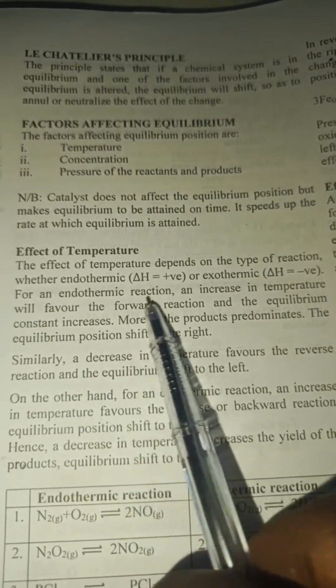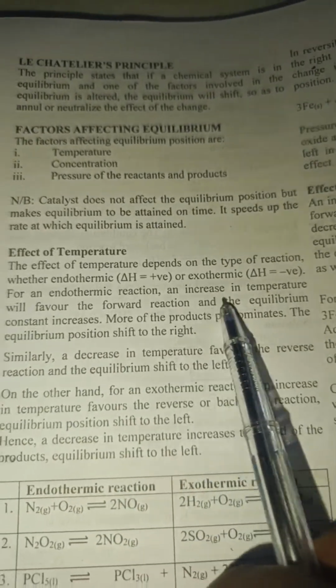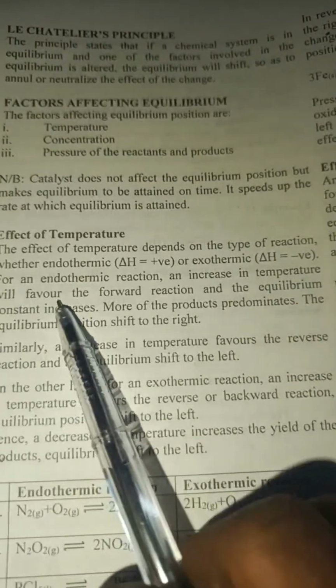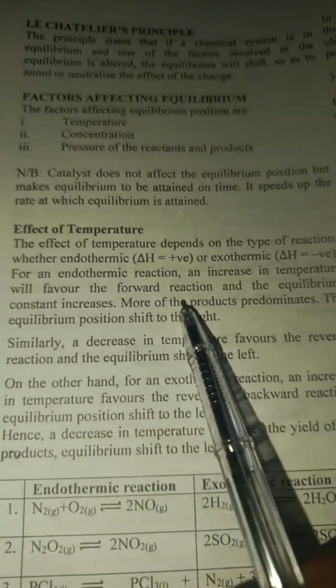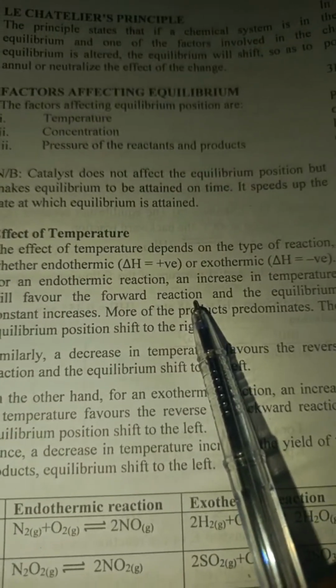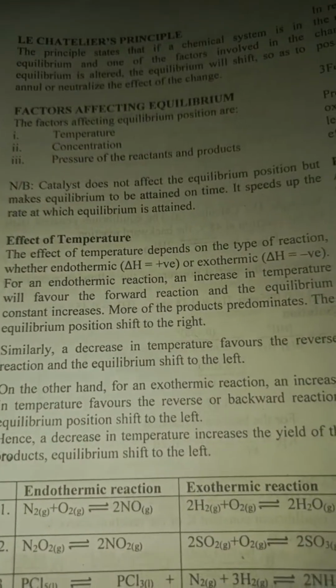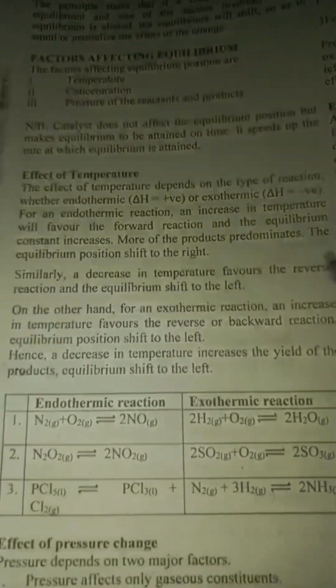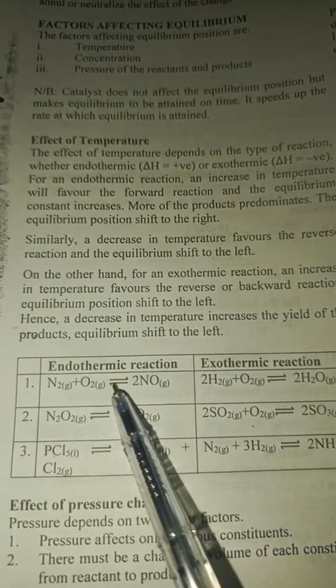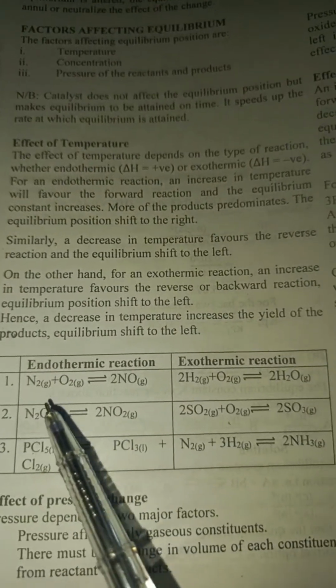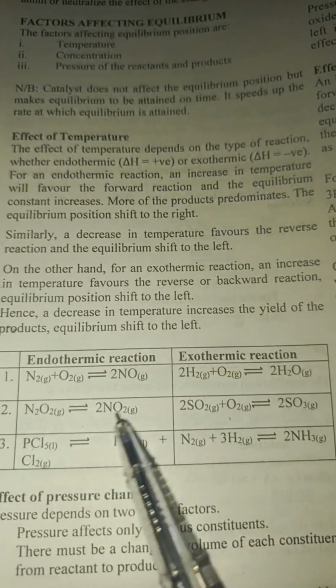For an endothermic reaction, an increase in temperature will favor the forward reaction, and the equilibrium constant will increase. That's just the case. This is an example of an endothermic reaction. So increase in temperature will favor the production of this, and production of this.